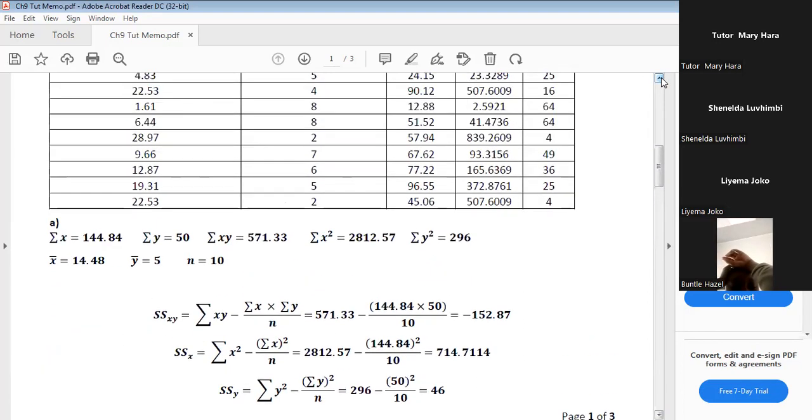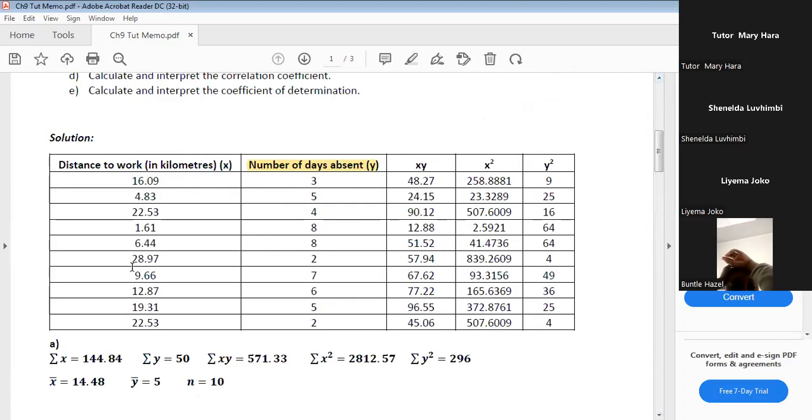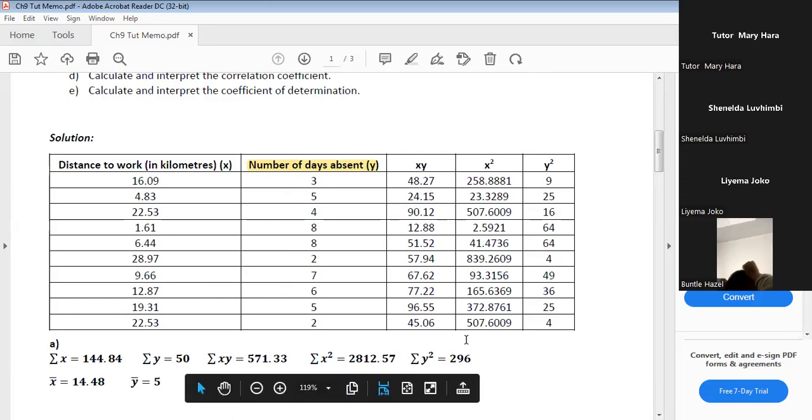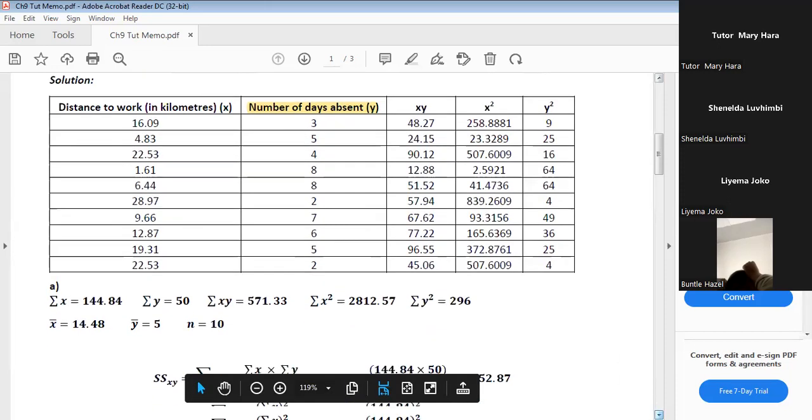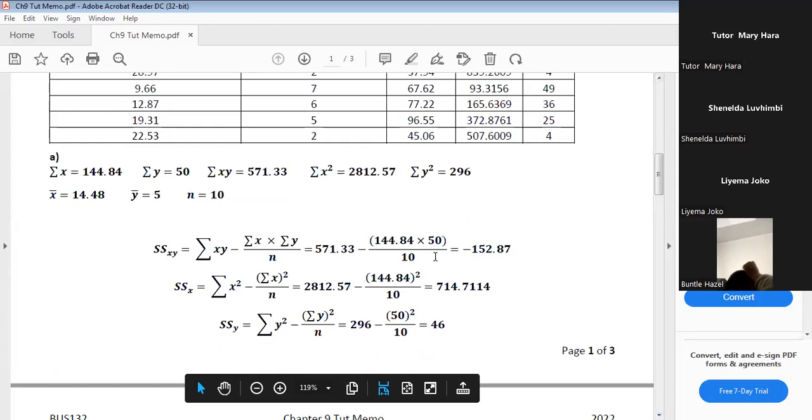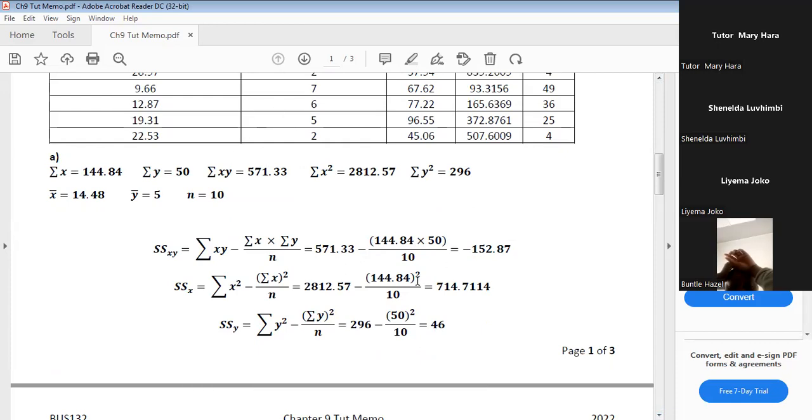The sum of x is the total if you add all this, times what you get if you add all that. So the answer is 144 times 50 over n. The n is the total number of the variables. That's what you find here for your sum of squares of x, y.